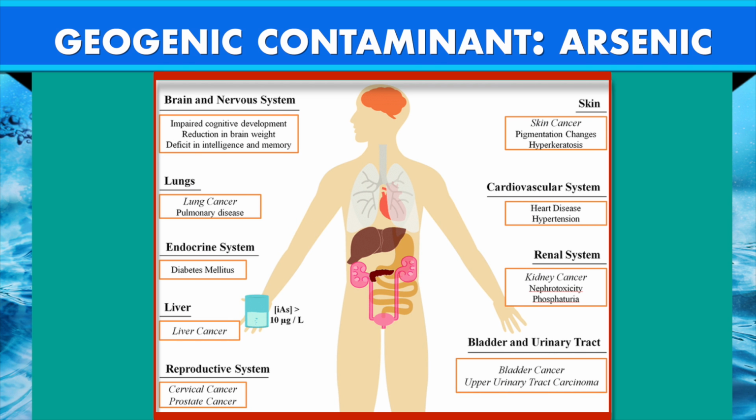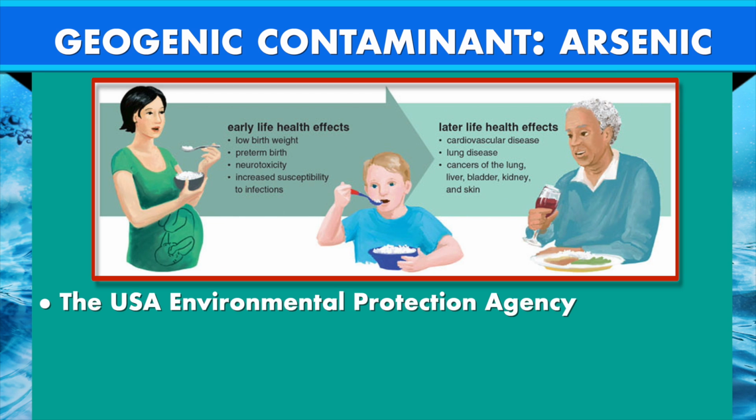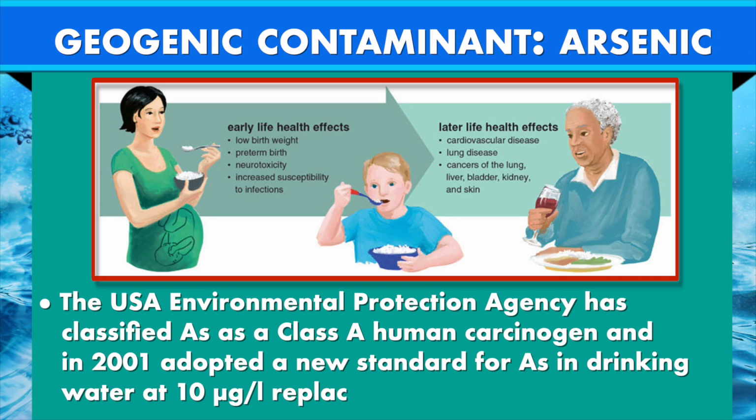Chronic exposure to low arsenic levels has been linked to health complications, including cancer of the skin, kidney, lung, and bladder, as well as other diseases of the skin, neurological, and cardiovascular system. The US Environmental Protection Agency has classified arsenic as a Class A human carcinogen and in 2001 adopted a new standard for arsenic in drinking water at 10 microgram per liter, replacing the old standard of 50 microgram per liter.